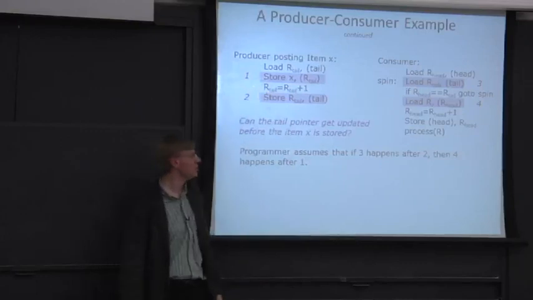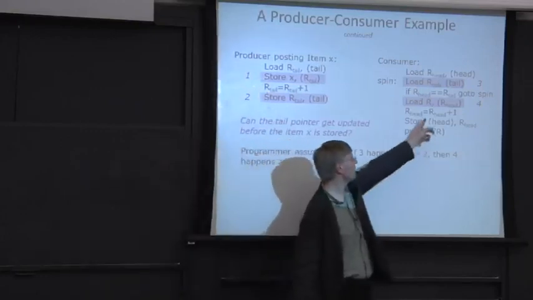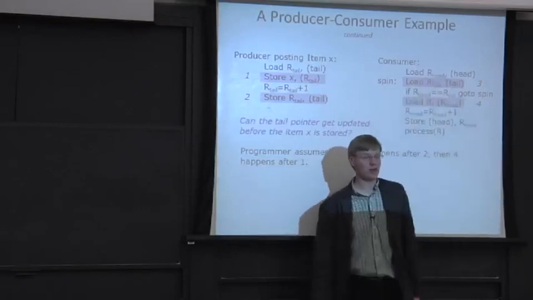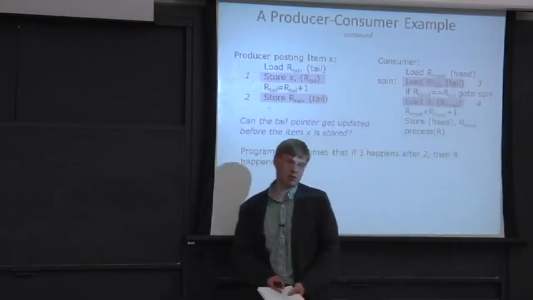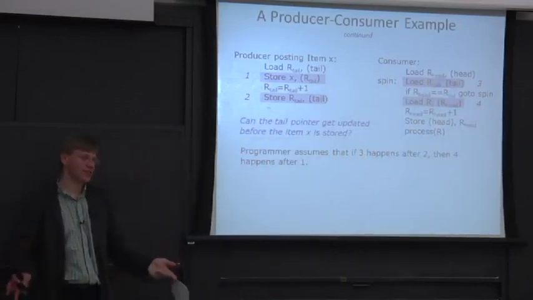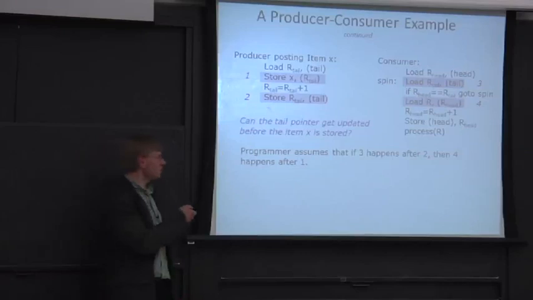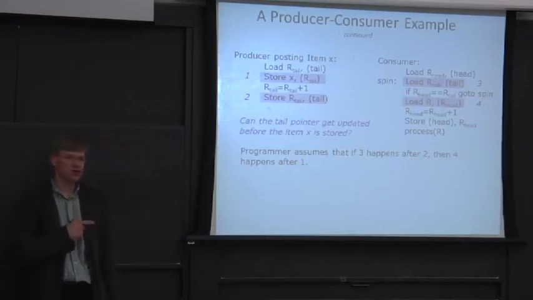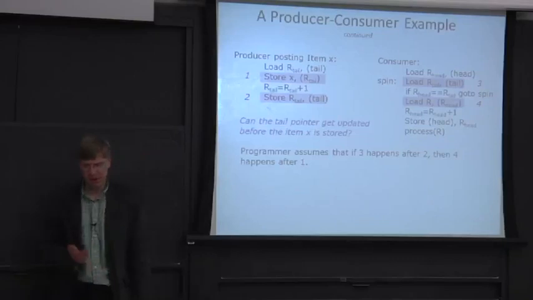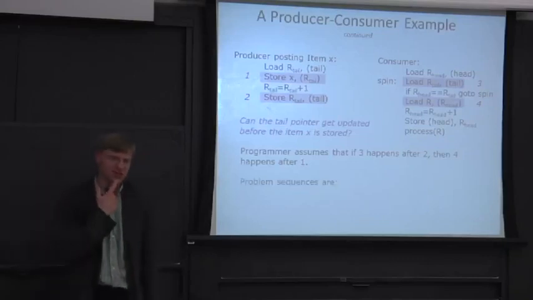Likewise, these are just two loads, and they could happen completely out of order. No guarantees there. So this assumption is bad in a multiprocessor system. A uniprocessor system might make sense, but in a multiprocessor system, it's a bad assumption.